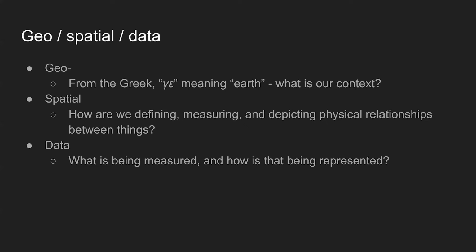But what we should be thinking about is how to do that by presenting some form of data. So we have to have measured something. We have to have created data, measured or captured something. And then how we represent that in this physical context is how we get some geospatial data.